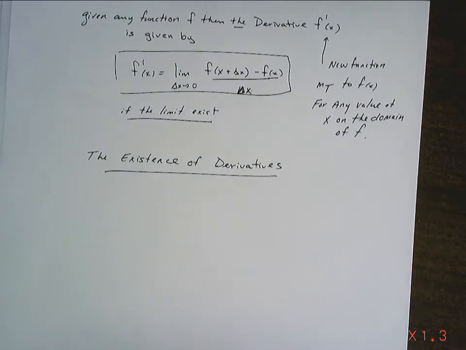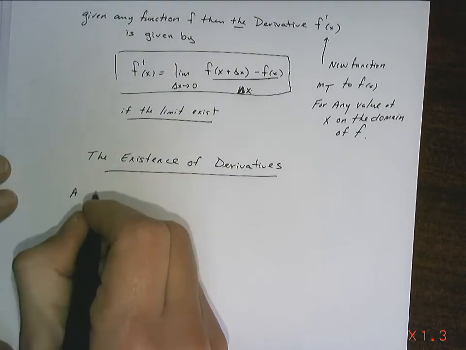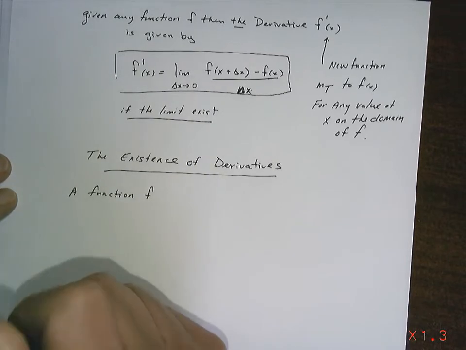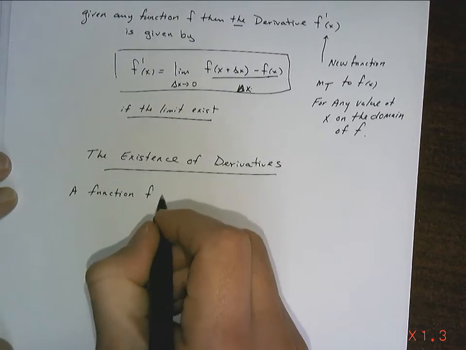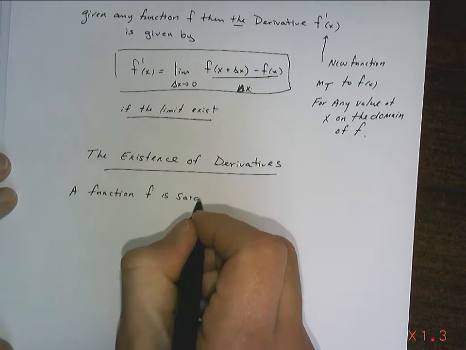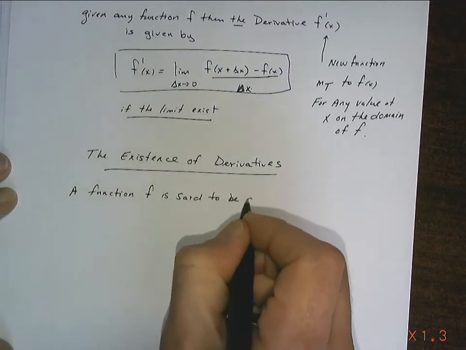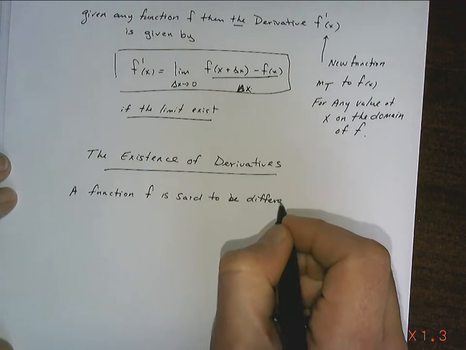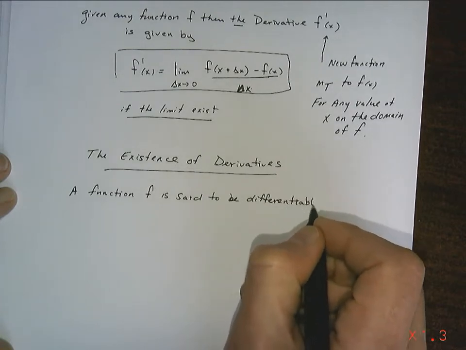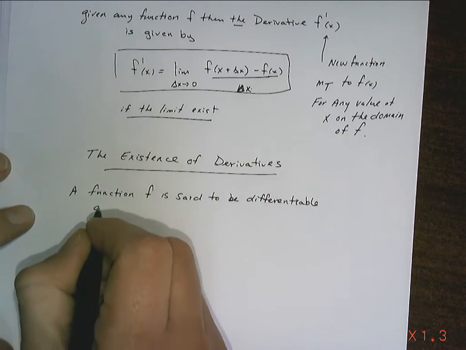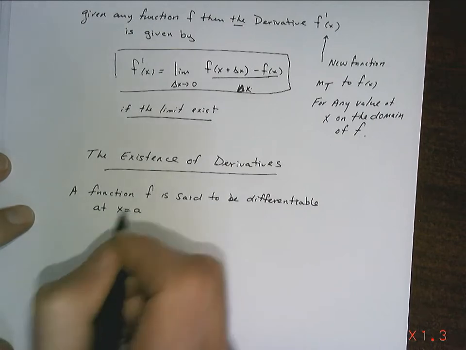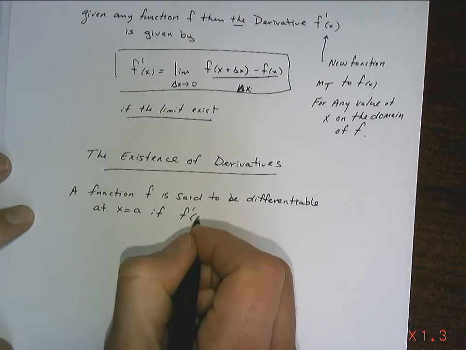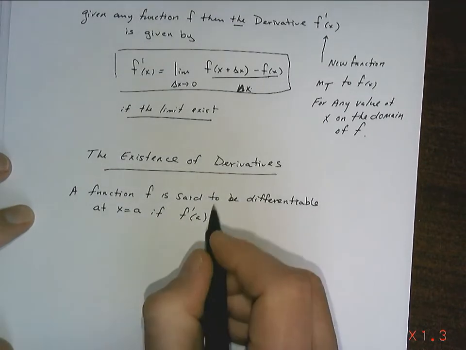So, a function f is said to be differentiable at x equals a if f prime of a exists.